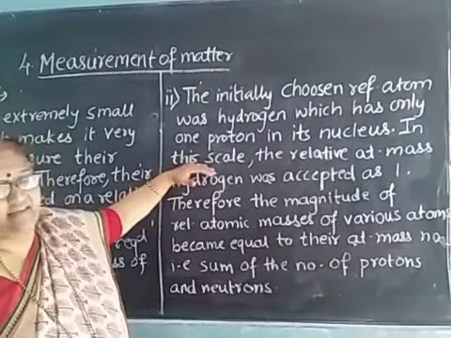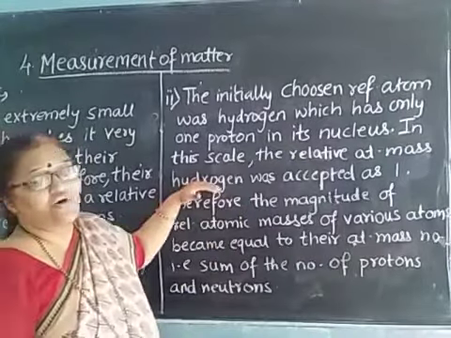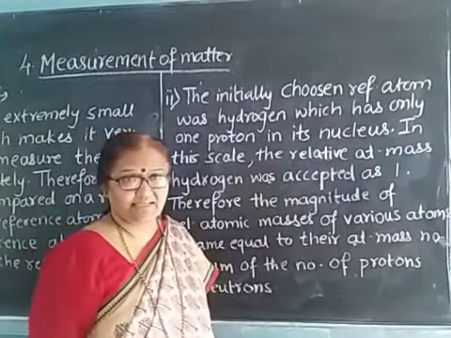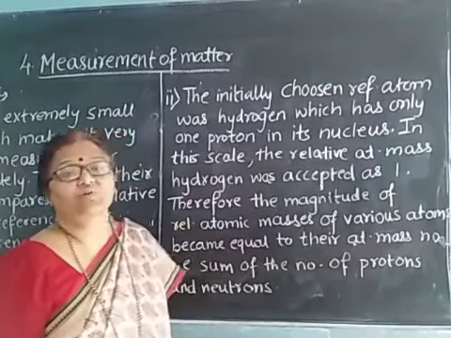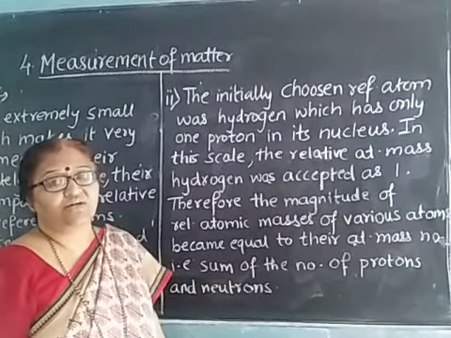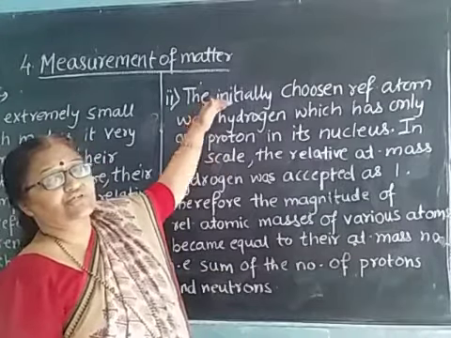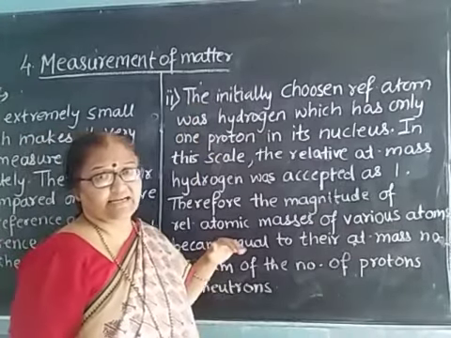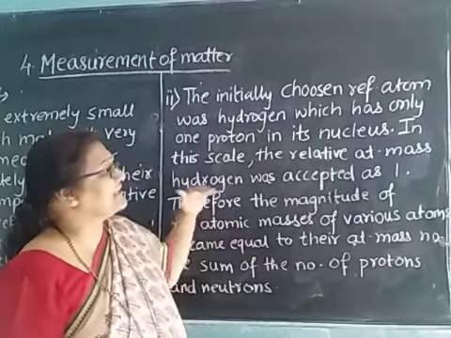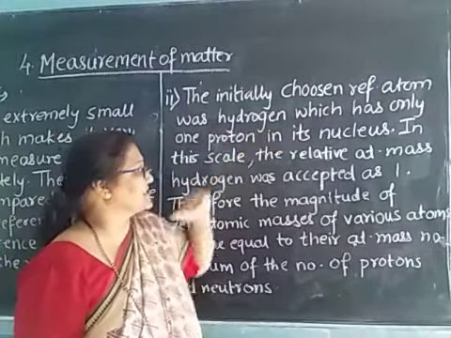In this case, the relative atomic mass of hydrogen was accepted. So to find out the atomic masses, one reference atom was taken. Here hydrogen was taken as the reference atom because it contains only one proton in its nucleus.